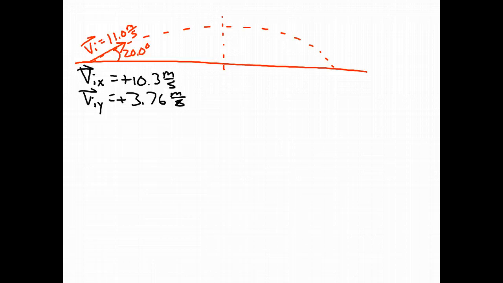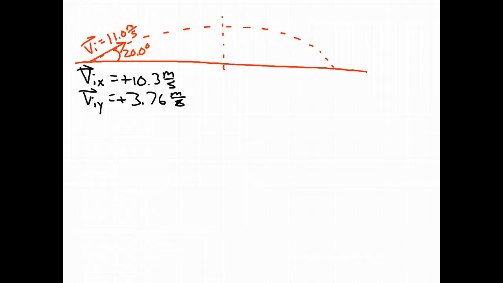Okay, the next step, you would think that you could actually solve for how far the person jumps now, but you can't. Typically after solving for the components, you have to find the time of flight. You could do that 2 ways. You could find half the time of flight and then multiply by 2, or you could just find the whole thing. I like to solve for the whole time of flight.